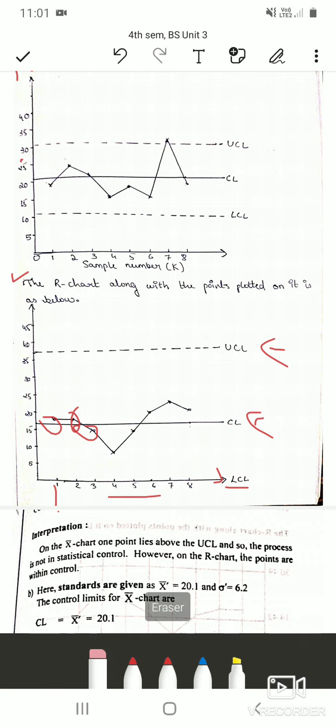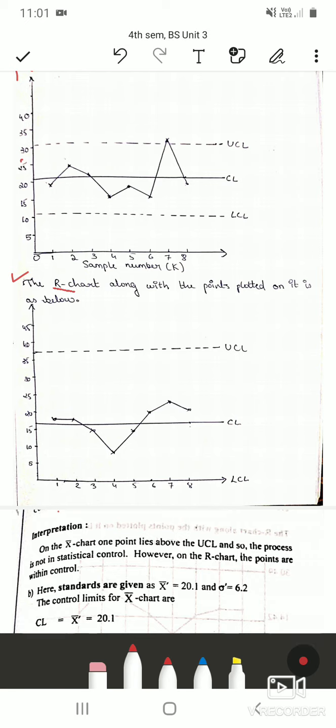So on, mark all the points for each sample. When you're drawing the R chart, you have to mark all the R values. When you're plotting the X bar chart, you have to plot all the X bar values. Once you mark all the points, join them with a straight line. Now in this graph, you can see all the points lie within the limit.